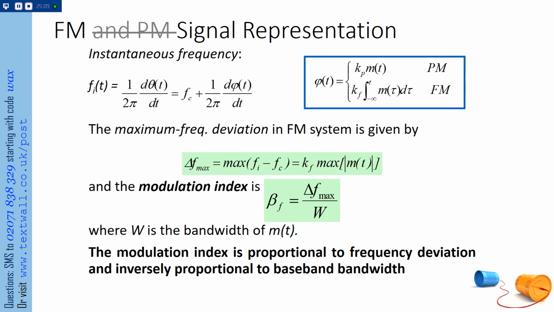It's always oscillating from the carrier frequency. So you have a carrier frequency of, say, 100 megahertz, then you have an instantaneous frequency. It's 100 point something, or 99 point something. So it's deviating on either side of the carrier frequency. The instantaneous frequency can be higher, can be lower.